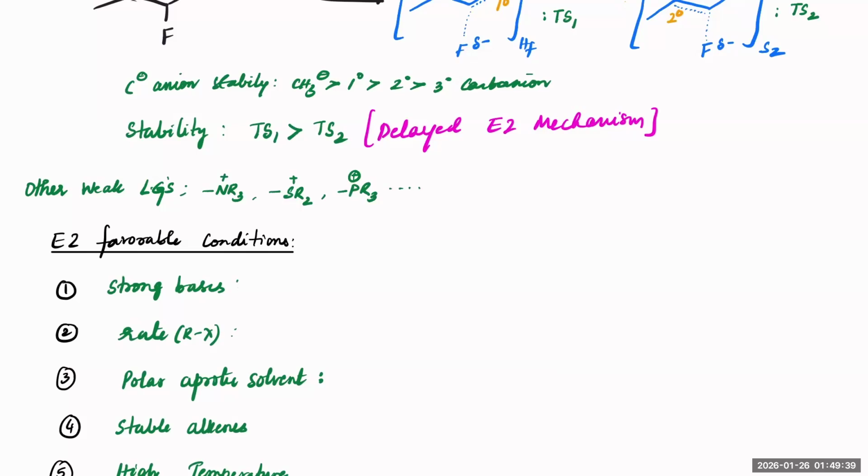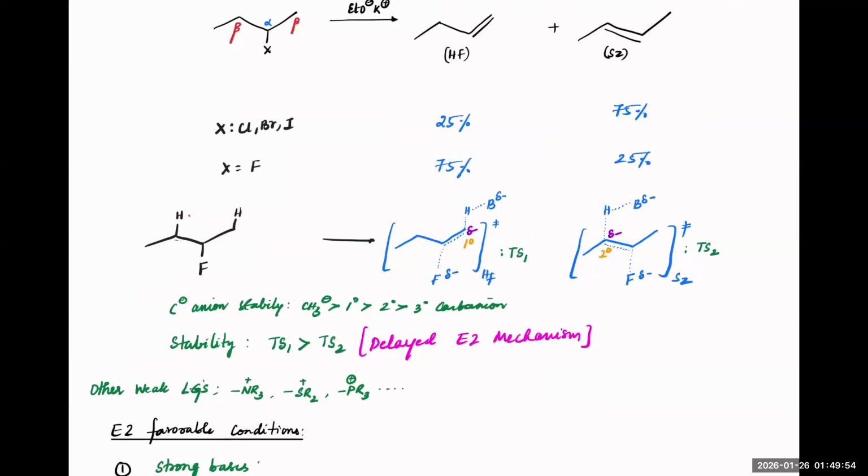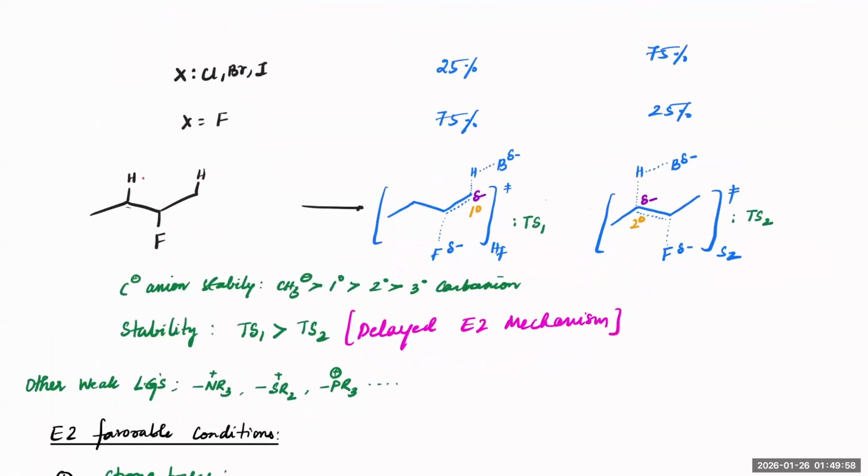They are weak leaving groups, so anion character is favorable, and since anion character is better in Hofmann, that will be the major product. Is this clear? Elemental effect, I hope all of you understood. Done with it?